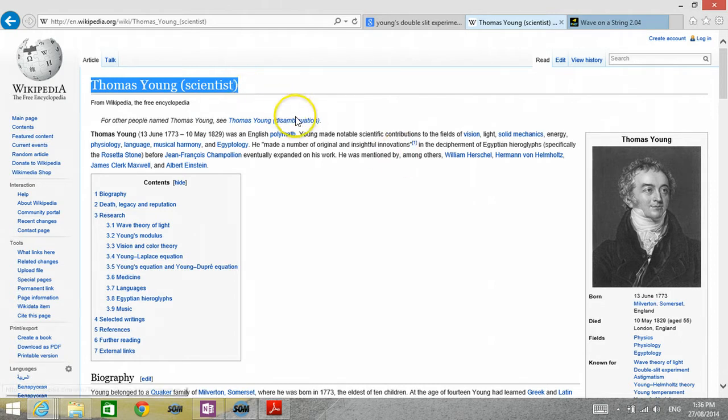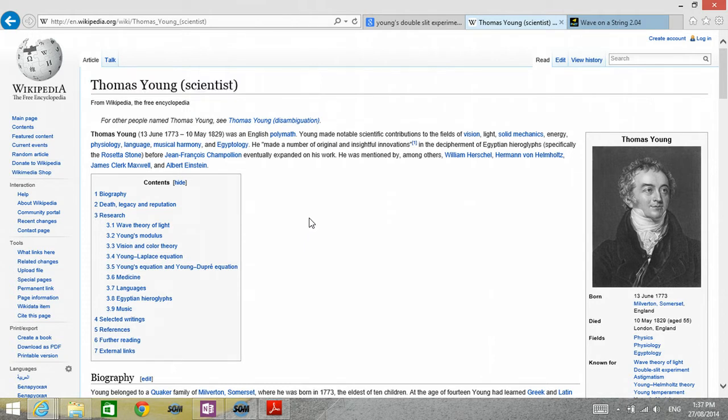He did a lot of scientific research, but the most famous of his theories is the wave theory of light. He is the one who proved light behaves like a wave.